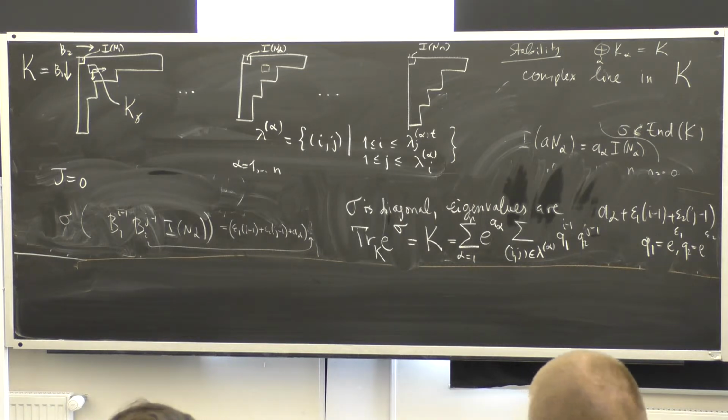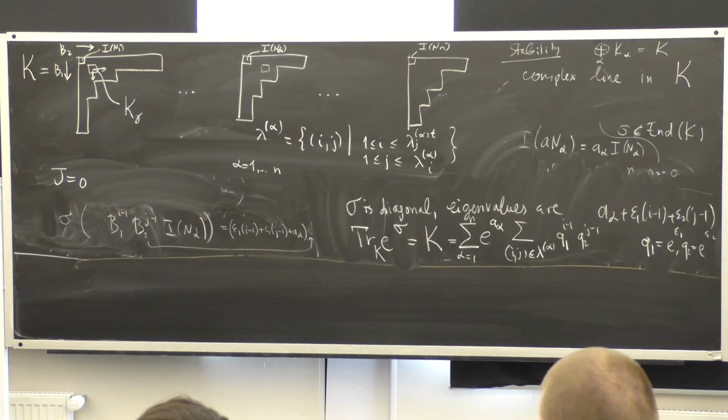So D1 acts on kappa, sends it to, let's say, B2 kappa minus B1 kappa, J kappa, and D2 of kappa 1, kappa 2, psi is B1 kappa 1 plus B2 kappa 2 plus I times psi. Maybe aesthetically it's better to write it in a different way. So let's call it B1 B2 and put here minus B2 plus B1.